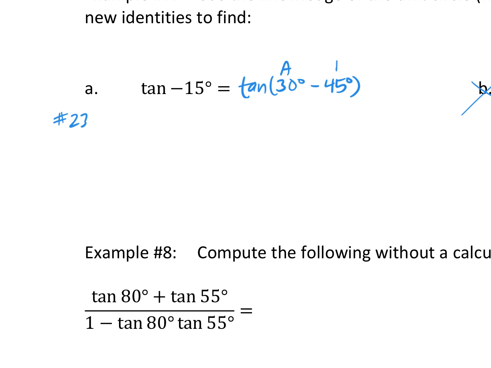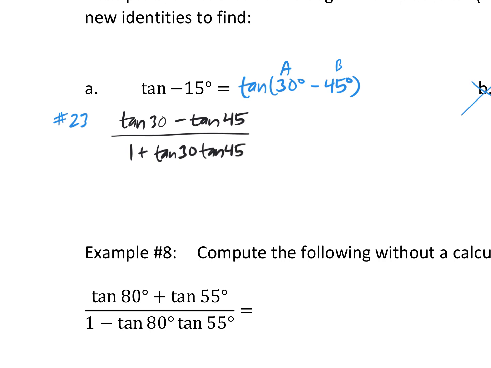It doesn't have to be 30 and 45, but I like first quadrant stuff anyway. So let's rewrite this as tangent of A, so tangent of 30, minus tangent of B, so tangent of 45, not negative 45, all divided by 1 plus tangent 30 times the tangent of 45.